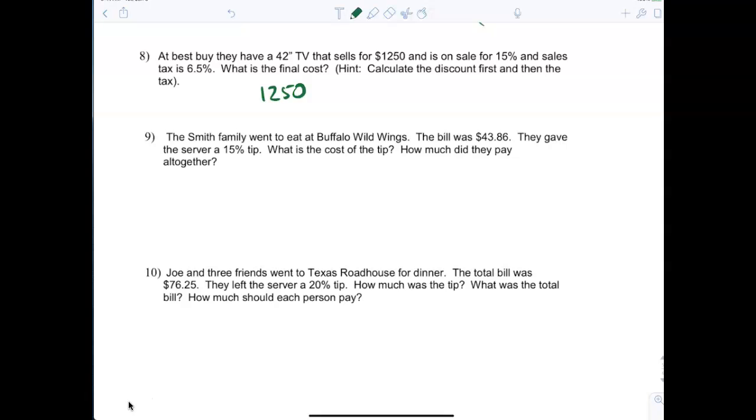So how much do I have to pay for it? 85%. So I multiply that by what? 0.85. Now, that's going to give me the sale price. I only have to pay tax on the what? The sale price. So now, what do I multiply that answer by?